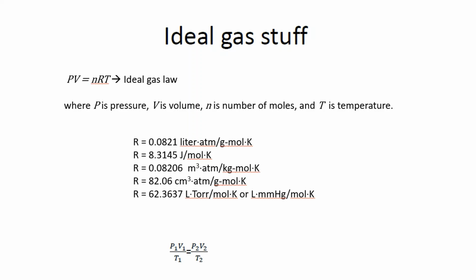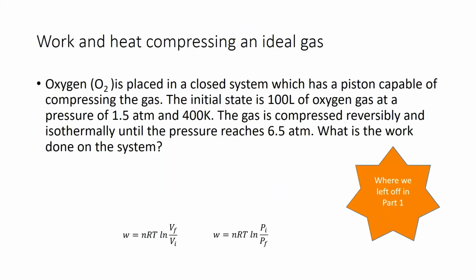But don't forget the ideal gas law, and we have different flavors of the gas constant that come in handy with some of these calculations. And this was the last problem we worked out at the end of lecture 1. So refer back if you're interested.